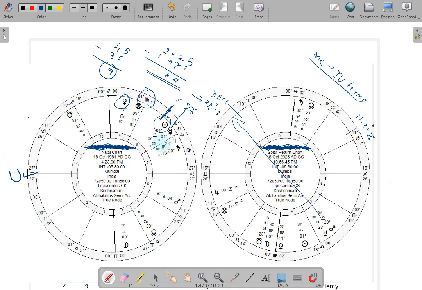And Mars, the same Mars, is also conjunct Mercury, and Mercury happens to be the fourth lord. Mercury also happens to be the natal fifth lord. So it could also be troubles related to fifth house matters, troubles related to fourth house matters.